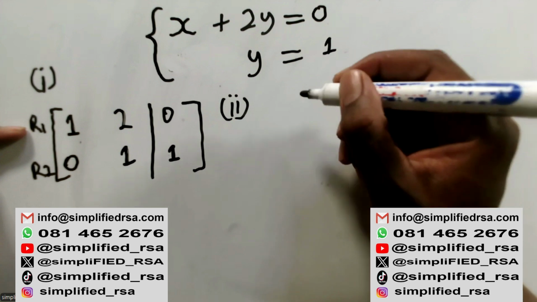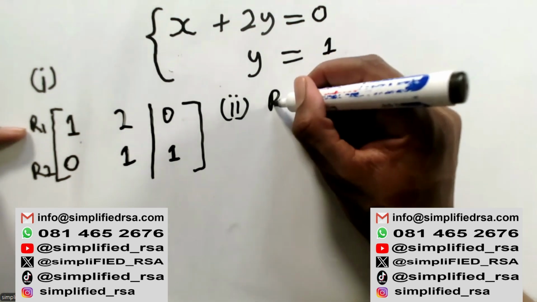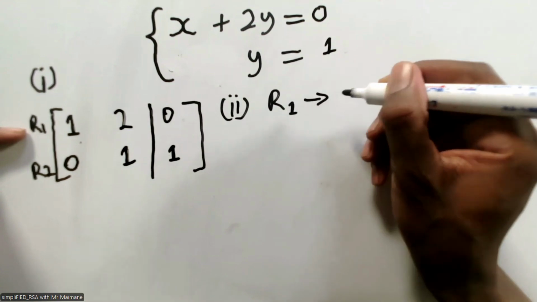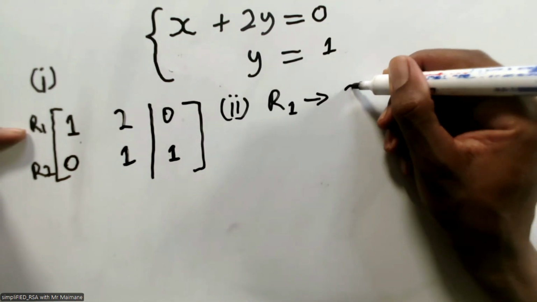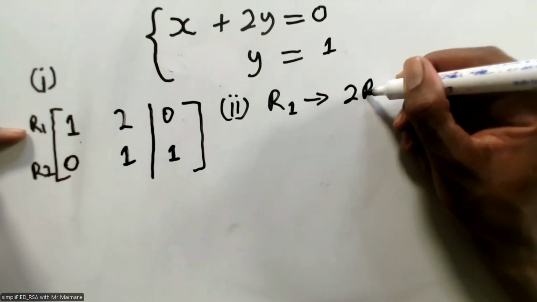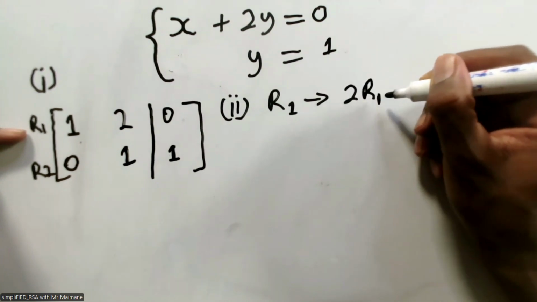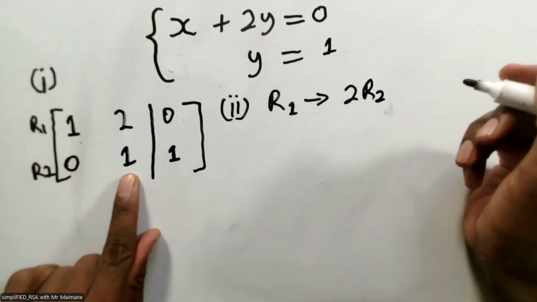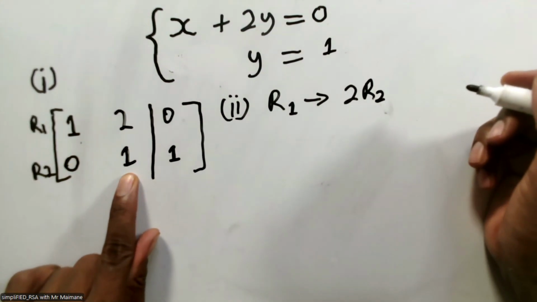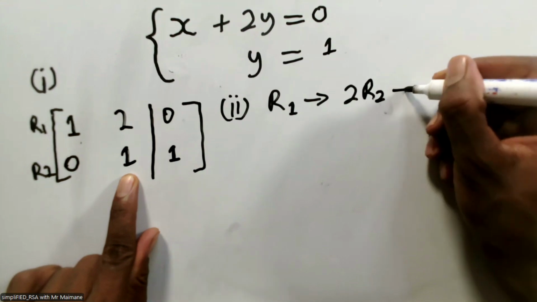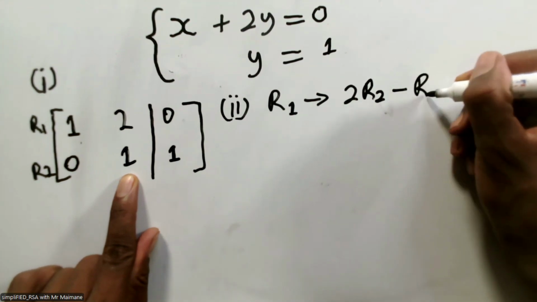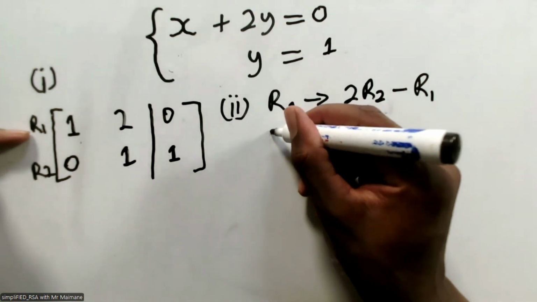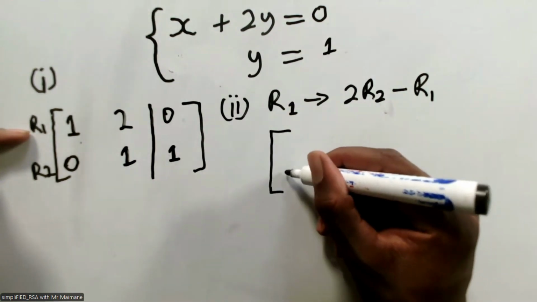I'm going to command it like this. I'm going to say my first row is going to be yield from 2 times row 2 minus row 1, because I want to manipulate it here by 2. It's going to be my new row 1. So what I'm doing here, I'm not changing anything from the second row.